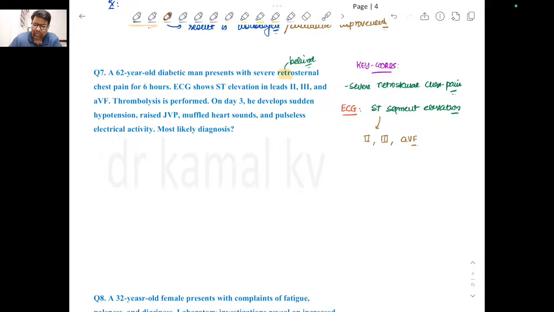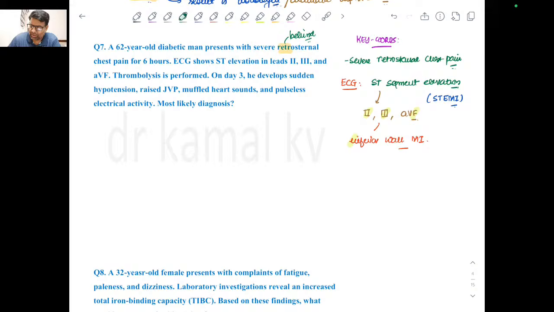Now this is classical for inferior wall MI. Clear? Leads 2, 3, aVF, that's inferior wall MI. And yes, it is classically ST segment elevation MI. So one thing is clear, that the patient was having myocardial infarction.